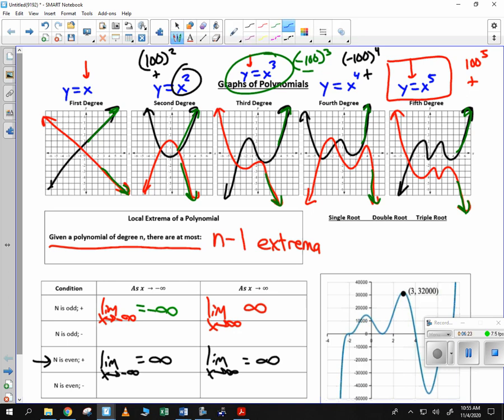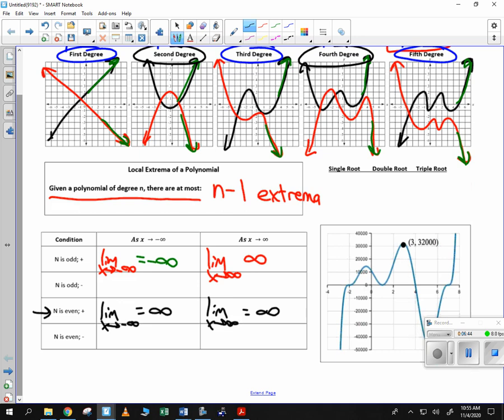If they're odd, you can see they start and end in opposite places, whereas if they're even, they start and end in the same places. And that's something that's really important to keep in mind.